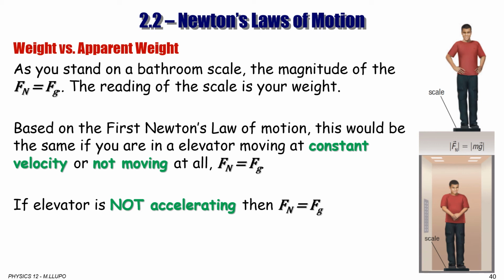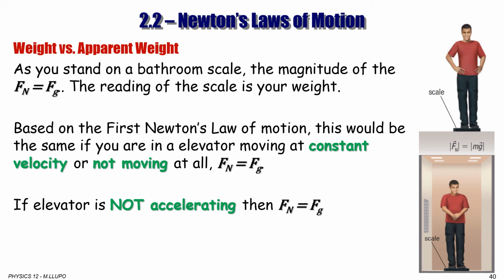Because you are not moving, F net is 0. Based on Newton's first law, this would be the same if you are moving at a constant velocity, or, as I said before, not moving at all. So F net is 0, and those two forces, normal force and force of gravity, have to cancel each other, so they must have the same magnitude.